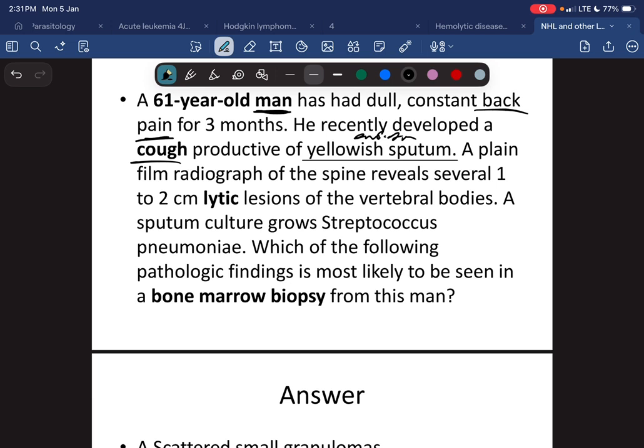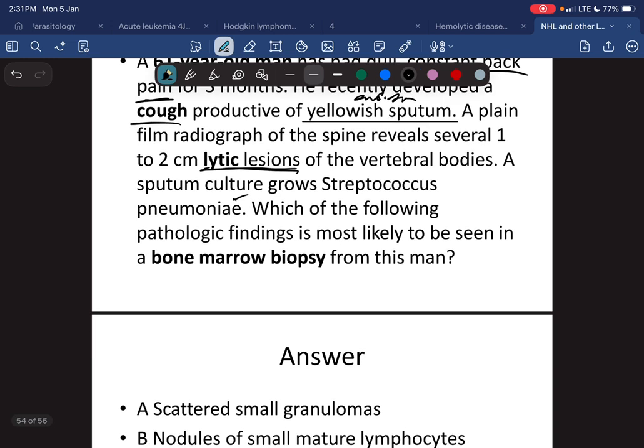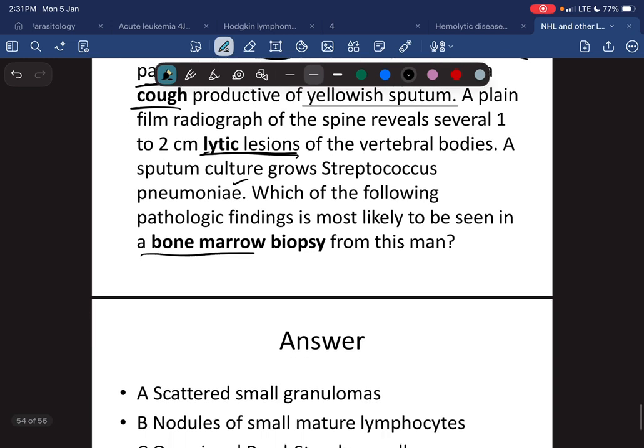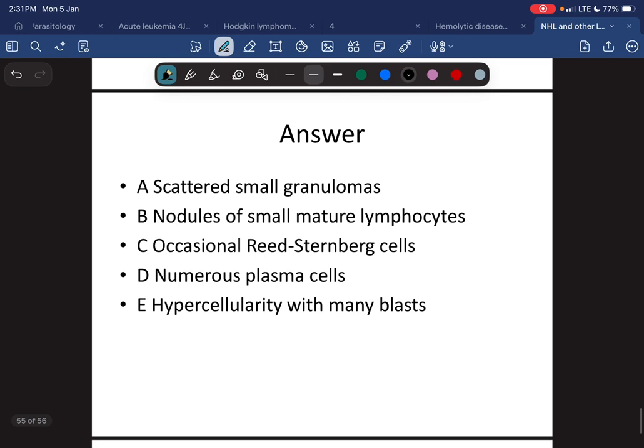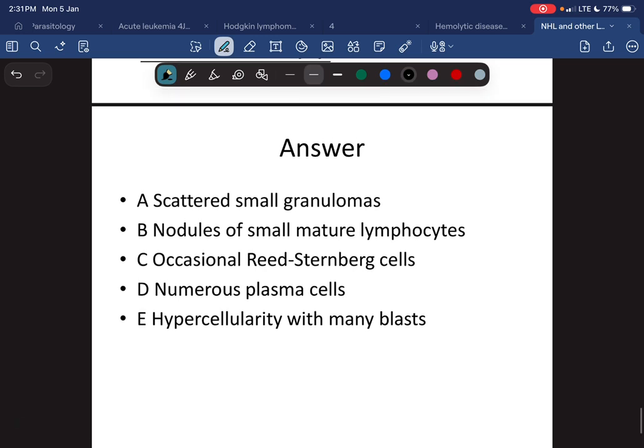Infection, a lung infection, which is an opportunistic lung infection, okay? Not the usual common flu or cold. The X-ray of the spine shows multiple, 1 to 2 centimeter lytic lesions in the vertebral bodies. The culture shows Streptococcus pneumoniae, so the patient is immunocompromised.